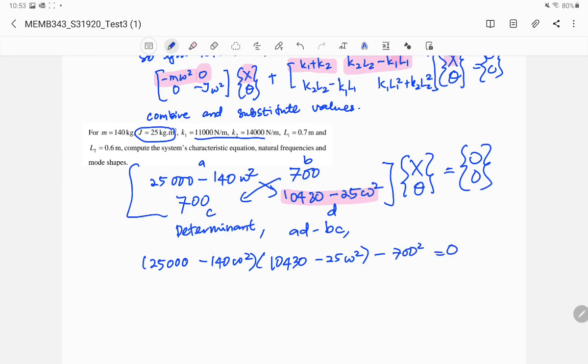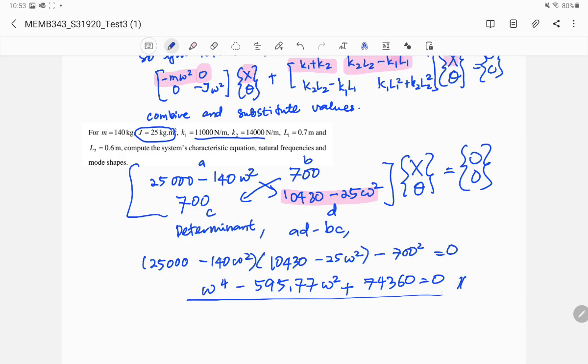This is the first part of the solutions, which asks you to get the characteristic equation. So this is the characteristic equation.